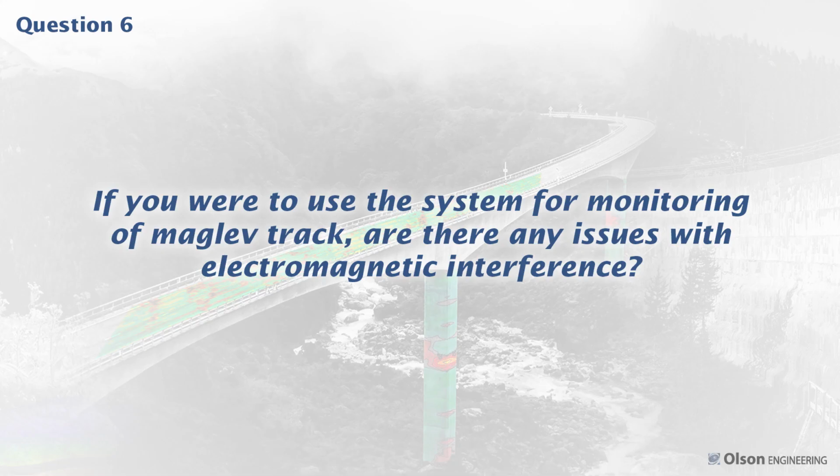If you were to use the system for monitoring a maglev track, are there any issues with electromagnetic interference? Electrically, that hasn't been an issue before, and we've worked near some big power lines and trains and such. I don't think so, because we're looking at such a specific frequency range from 17.1 to 17.3 gigahertz, which is, of course, very high frequency.